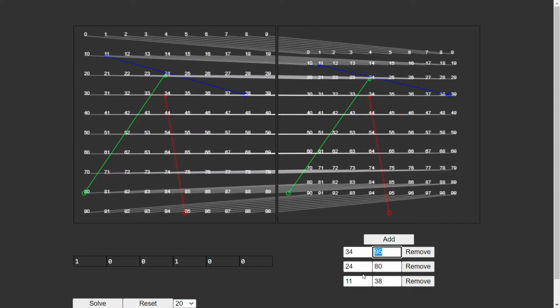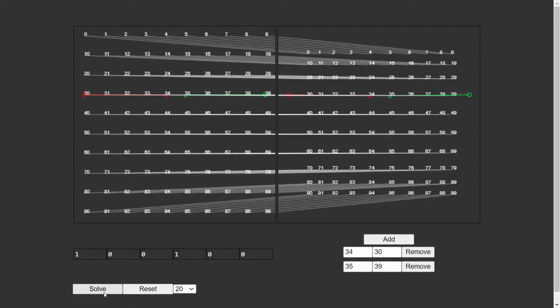So let's say 34 goes to 30, right? That expands out that way. 35 goes to 39. And then the counterbalance, again, let's run it with 2 points.